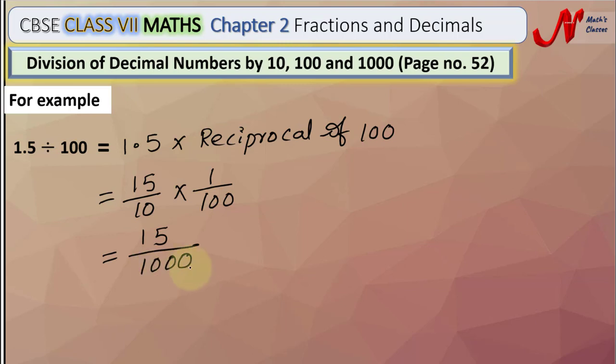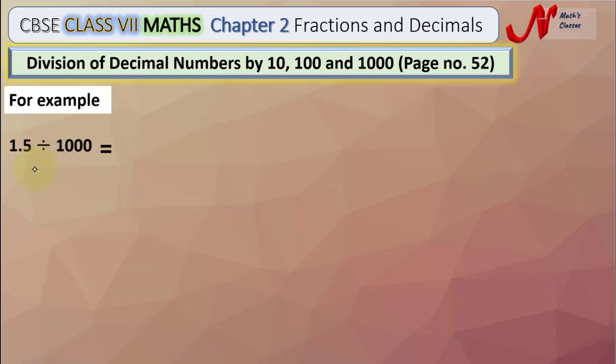In the denominator we have 3 zeros, so in the final result from right to left we keep the decimal point after 3 digits, but we have 2 digits, so we place a 0 and keep the decimal point, so we get 0.015. Therefore 1.5 divided by 100 is equal to 0.015.